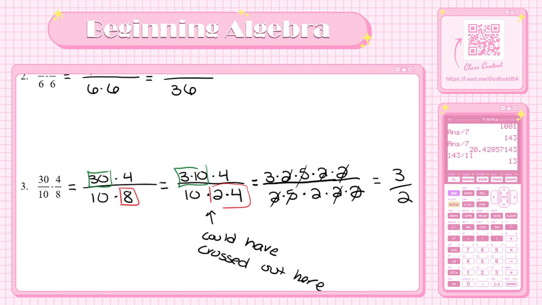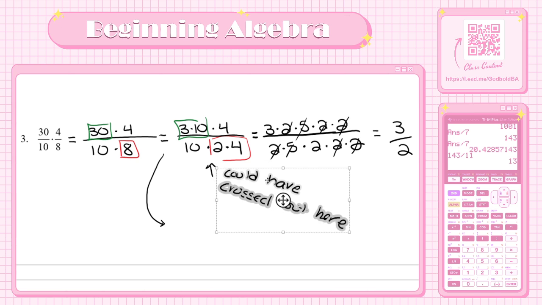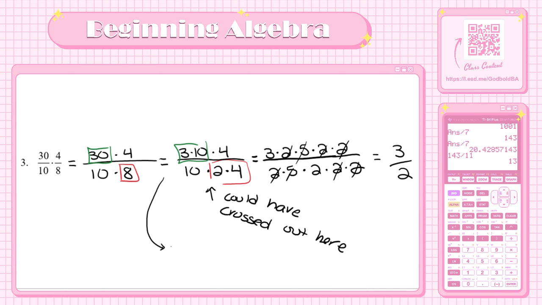Okay, so I could have done it there if I wanted to. Yeah, so let me just show you, because this is the way I was going to do it, just in case. So you could have gone like this.